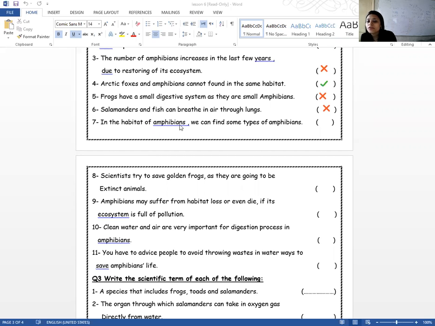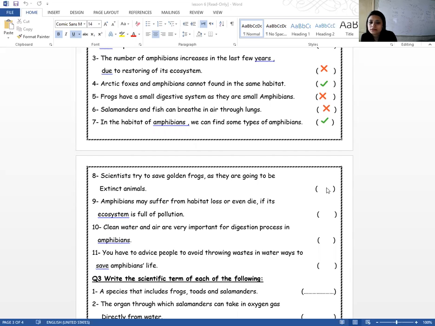In the habitat of amphibians, we can sometimes find some types of amphibians. Right. Number 8, scientists try to save golden frogs as they are going to be extinct animals.